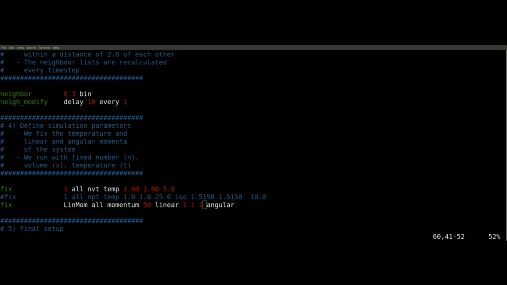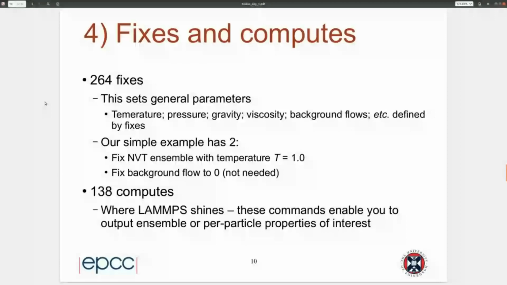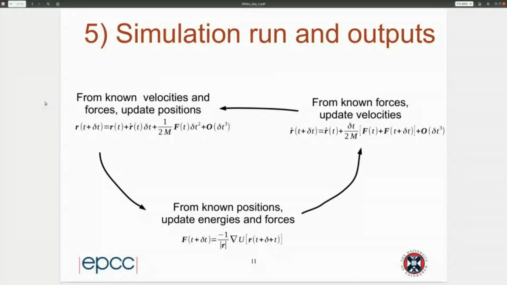One thing I forgot to mention about the NVT command is that this is also the command that will state how the simulation will be moving forward in time. And the way that LAMMPS works, at least under NVT and under NPT, is it uses a method called velocity Verlet.